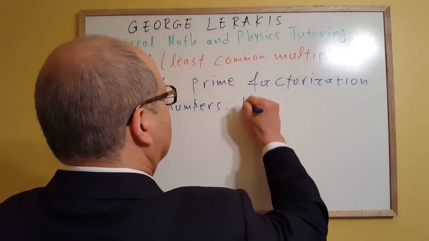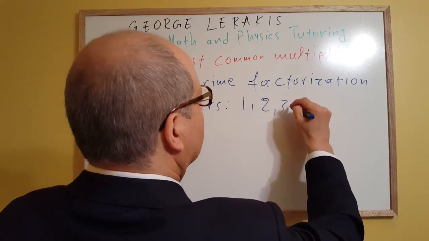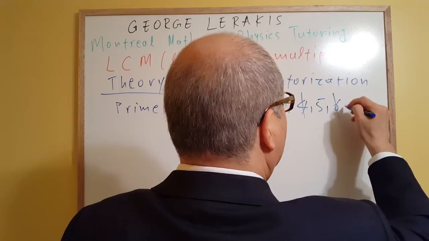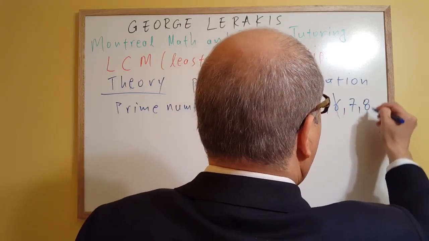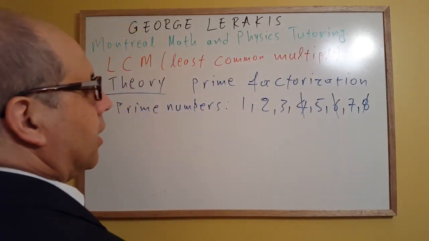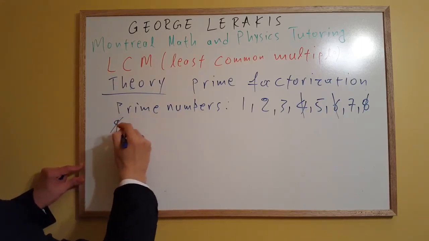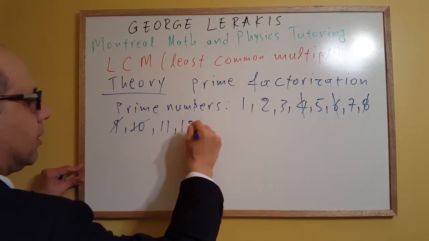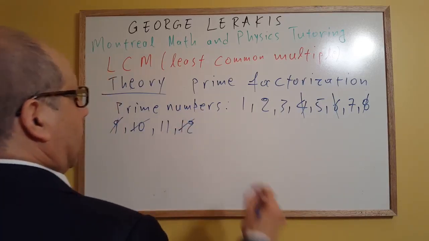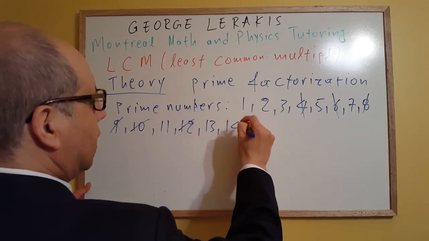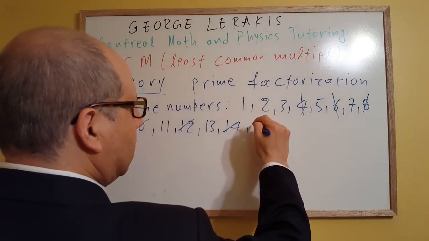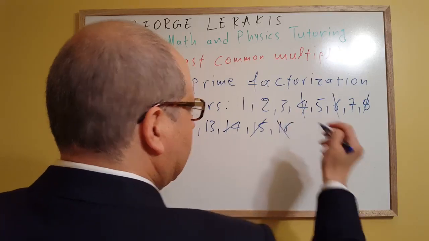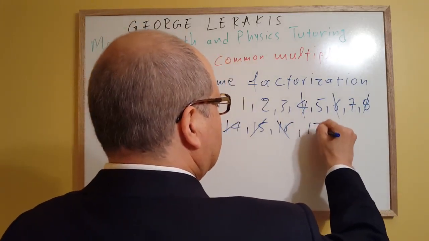So to name a few: 1, 2, 3, 4 is not because it can be divided by 2, 5, 6 is not because it can be divided by 2 and 3, 7, 8 is not because it can be divided by 2 and 4, 9 is not because it can be divided by 3, 10 is not because it can be divided by 2 and 5, 11 is a prime number, 12 is not because it can be divided by 3 and 4, 13 is a prime number, 14 is not because it can be divided by 2 and 7, 15 is not because it can be divided by 3 and 5, 16 is not because it can be divided by 4, 2 and 8, and let's say one more, 17.